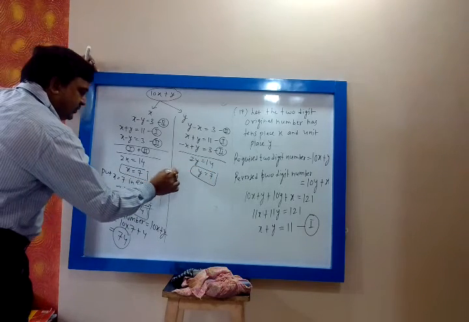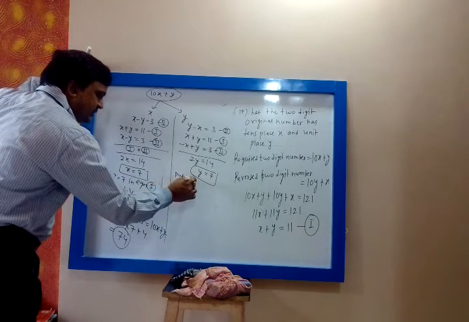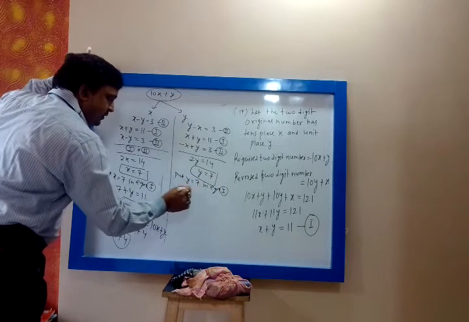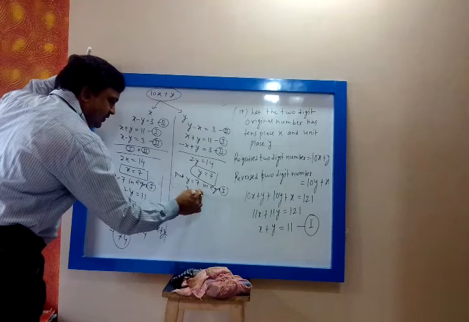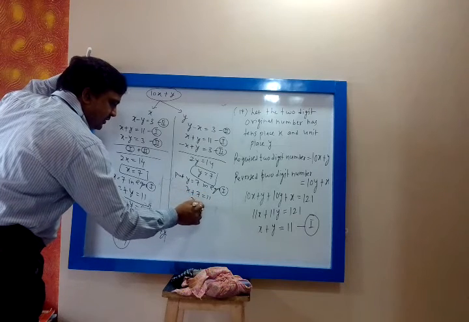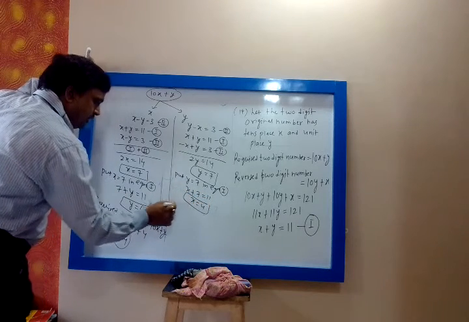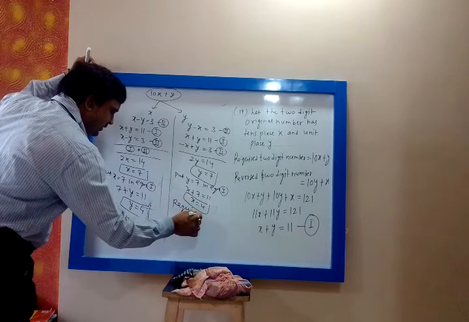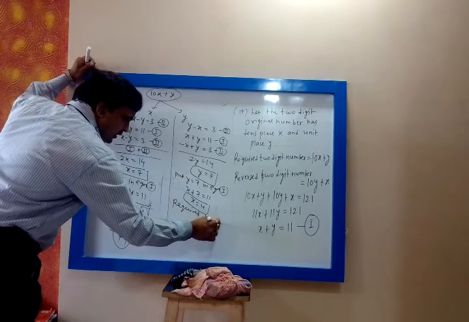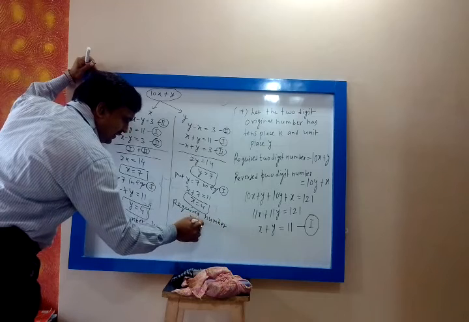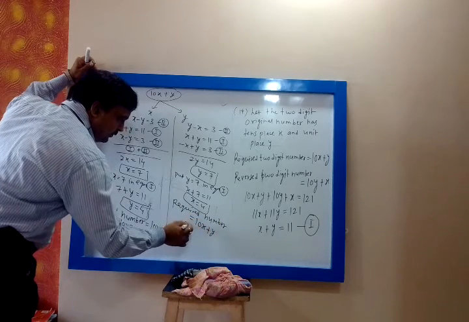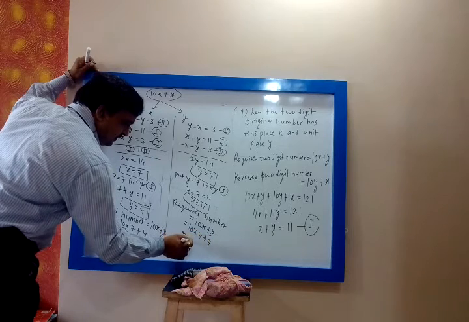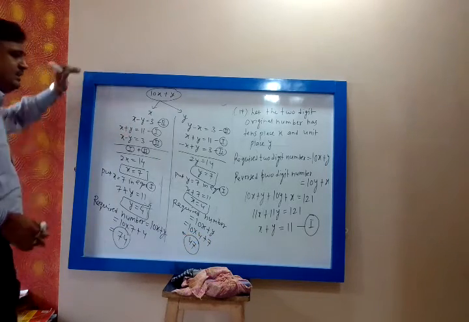Now put y is equal to 7 in equation 1. x plus 7 is equal to 11. So you will get x is equal to 4. So the required two-digit number is 10x plus y, that is 10 into 4 plus 7. That is 47. So both the answers are possible.